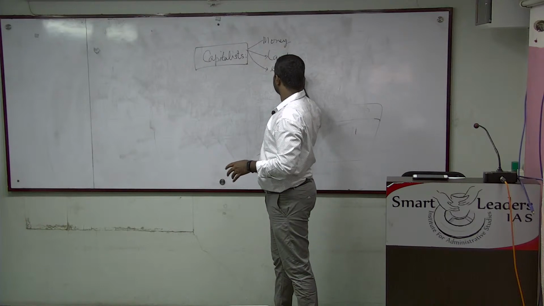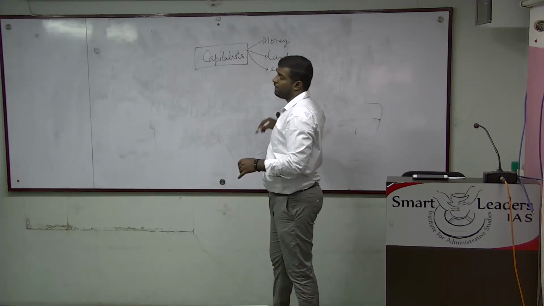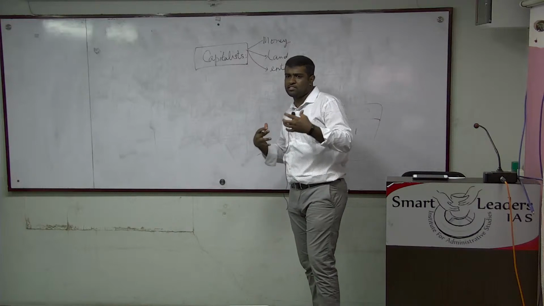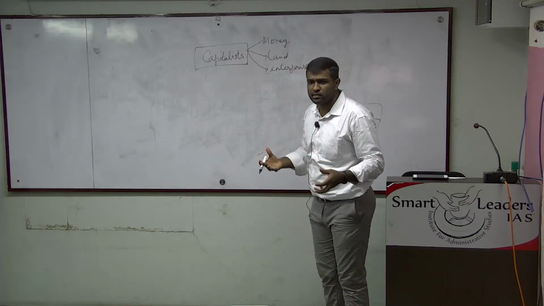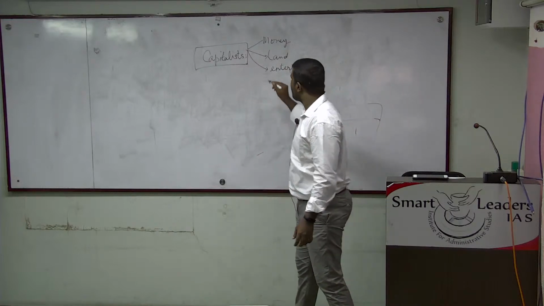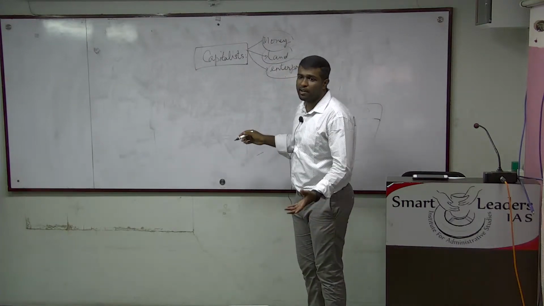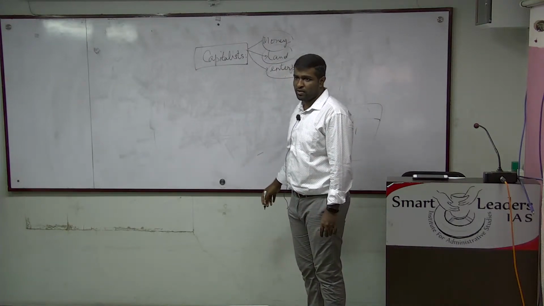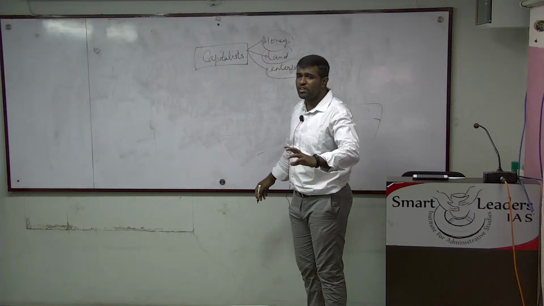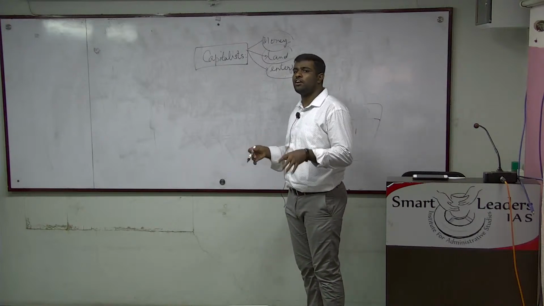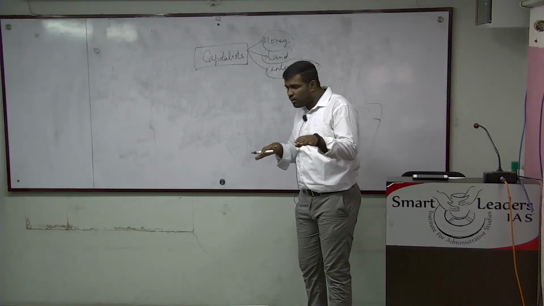Enterprise means what? Enterprise means the spirit to run a business. People who had all of these three were now called capitalists because they have the capital to run a business. But there were others who were not enough, who were completely lost out in their competition.